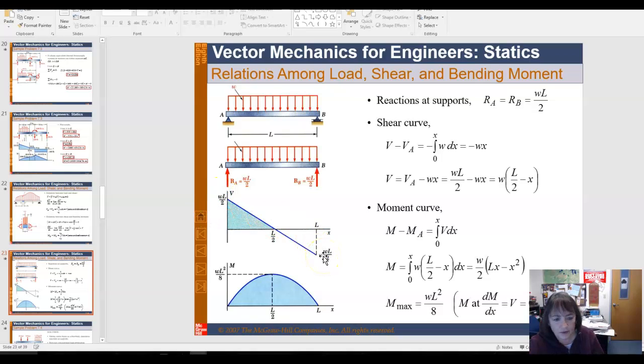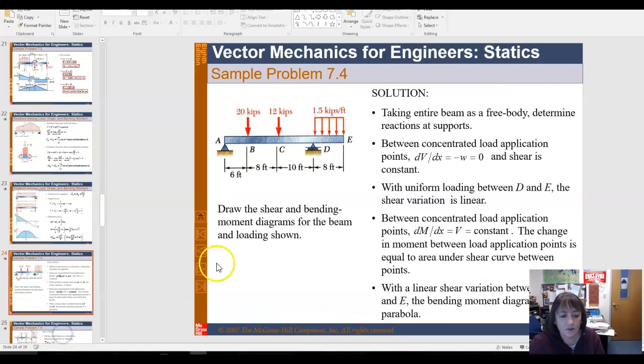We can find the slope, we can find the intercept, and we can set that up, and then we can find the maximum. What this also tells us is that where V is 0, M is going to be a maximum, which is what we already know from calculus, that those two values correspond to each other, a maximum or a minimum. Mathematically, if it's parabolic, it's going to be at the top or the bottom of the parabola.